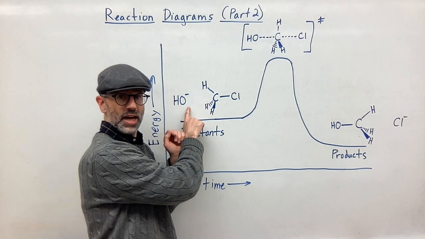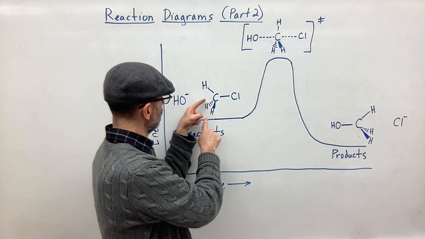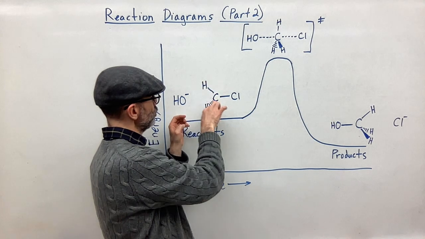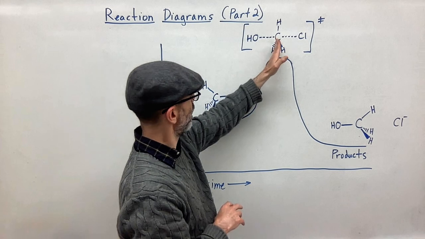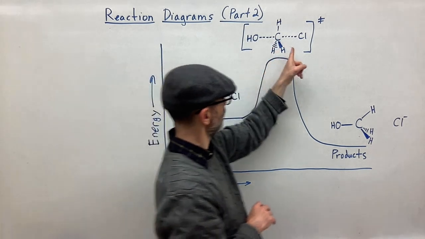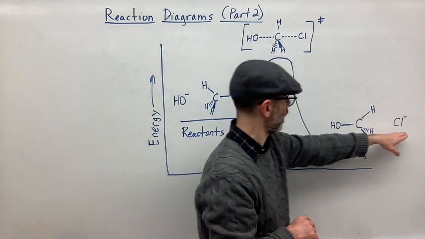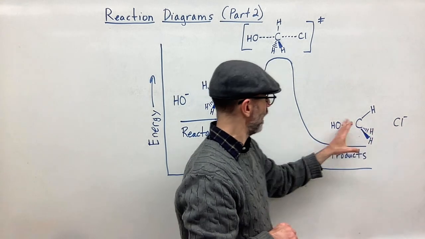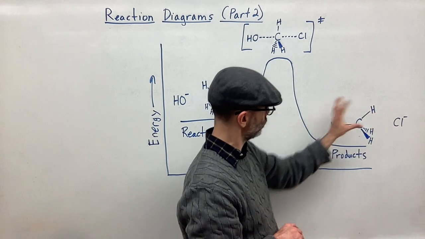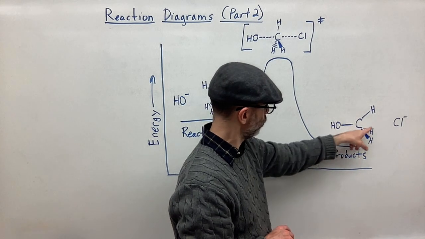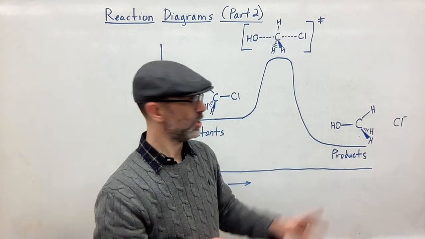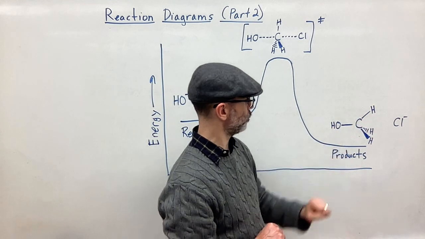We've got lone pairs on our oxygen. They're coming in, and they're going to cause the electrons in the bonds of the hydrogens to be forced this way and repel. And then finally, it's going to kick off the chlorine. We're going to end up with the chloride ion. And now look, the hydrogens are pushed that way because the electrons in the bond here are pushing and repelling those electrons. So now we have this molecule here.